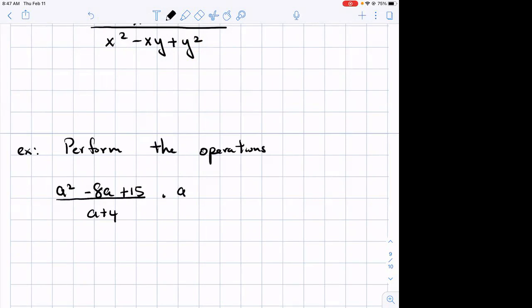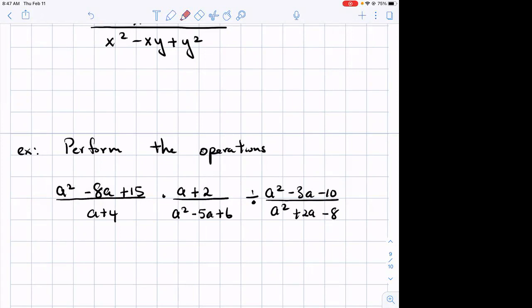times a plus 2 over a squared minus 5a plus 6 divided by a squared minus 3a minus 10 over a squared plus 2a minus 8.